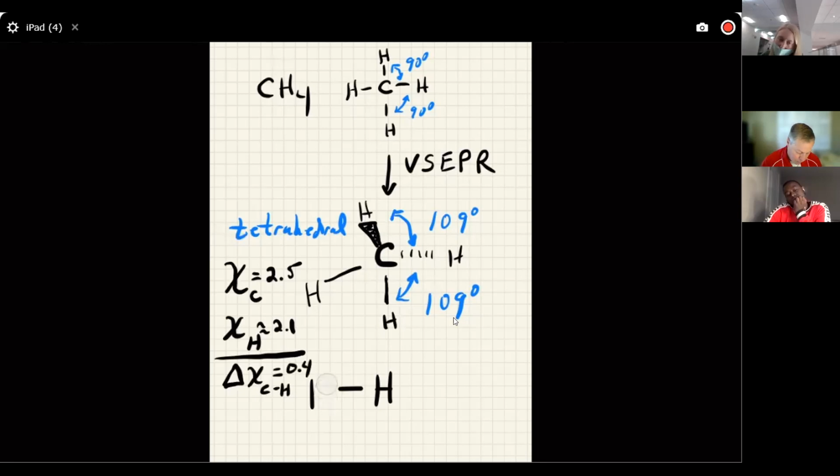Now, that's not terribly big. A difference of 0.4 is relatively modest. However, it does tell us that the carbon atom is slightly negative and the hydrogens are slightly positive.